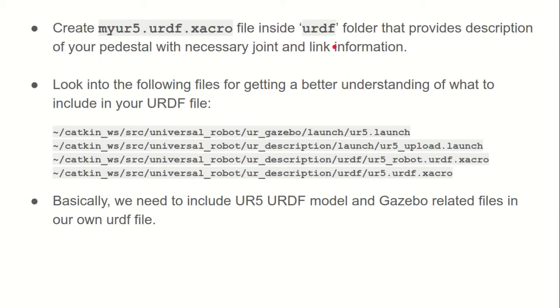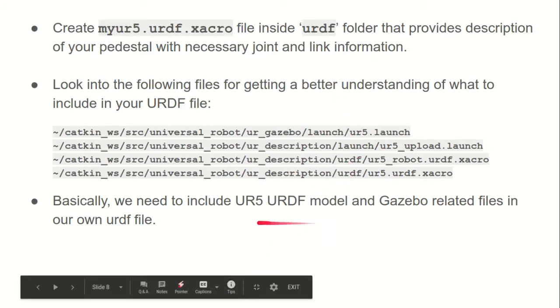Inside this we provide a description of a pedestal with the necessary joint and link information. To understand what to include and what not to include, it will be good to go through these files in the universal robot repository that we just downloaded: ur5.launch, ur5_upload.launch, ur5_robot.urdf.xacro, ur5.urdf.xacro. These are the files you should look into.